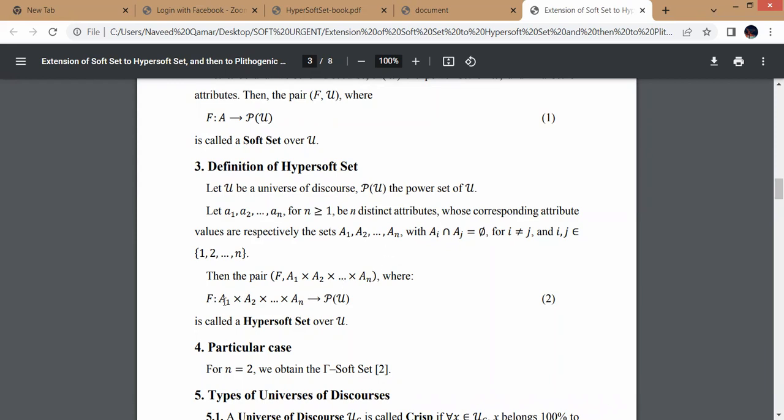The pair (F, A1 × A2 × ... × An) is called a hypersoft set. So F from A1 cross A2 cross A3 cross up to An to P(U) is called a hypersoft set.